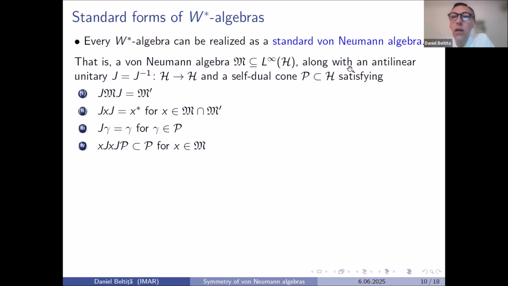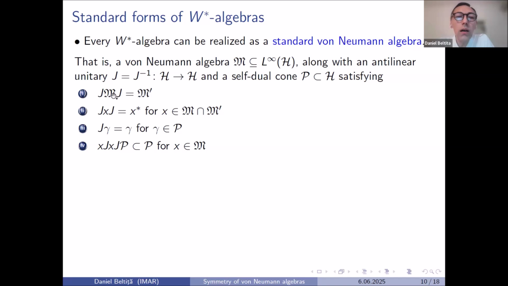representation like this. On a Hilbert space endowed with an antilinear unitary, in other words, a conjugation, and a self-dual cone. This is in particular a closed convex cone in the Hilbert space, satisfying the following conditions. The conjugation basically gives an antilinear isomorphism, or anti-isomorphism, from the algebra to its commutant.